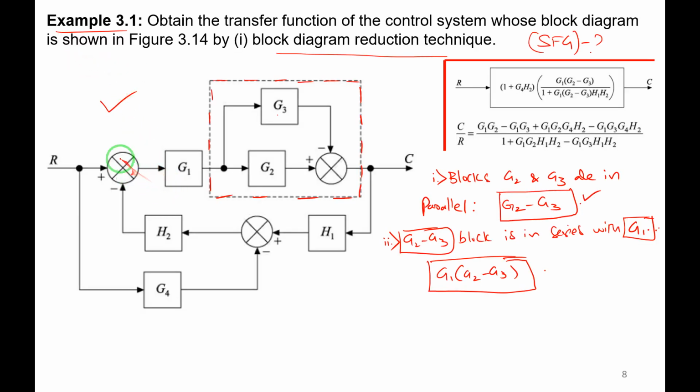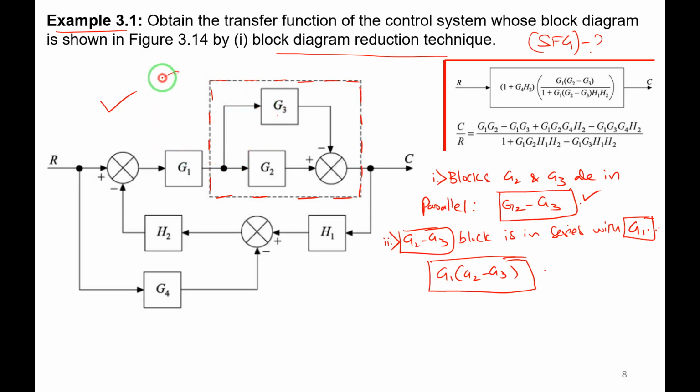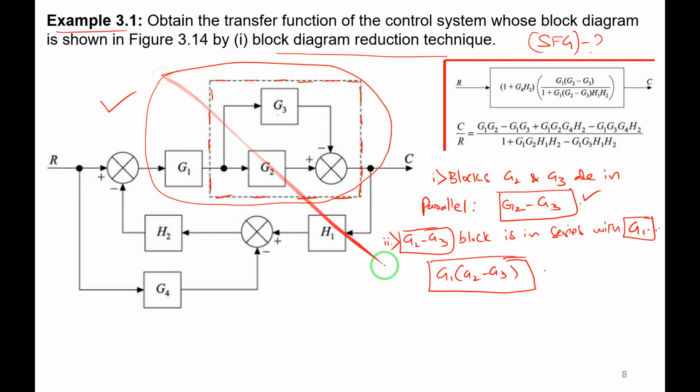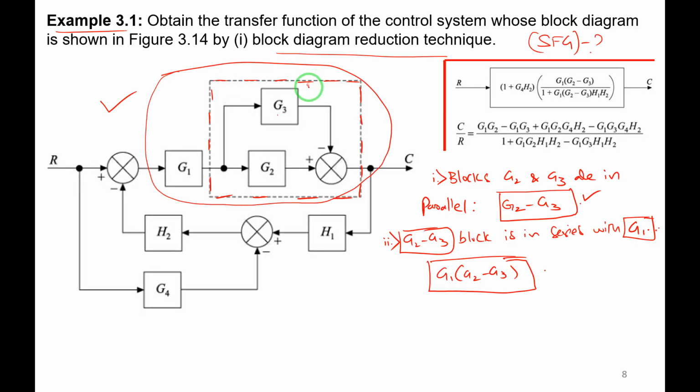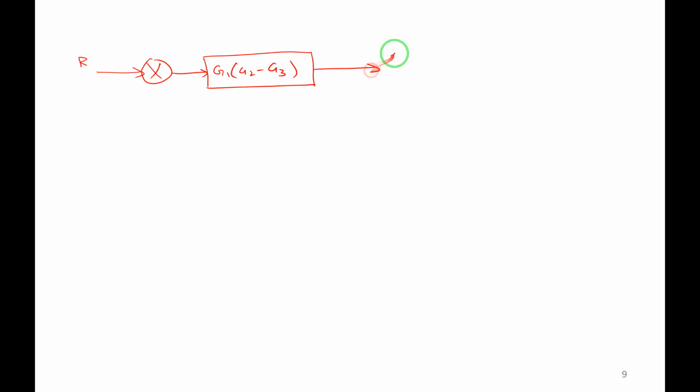So R as it is, summing point as it is. Next, this entire thing, I will just round it. I have applied the rule, so I am getting a single block G1 into G2 minus G3. C is the output, right?